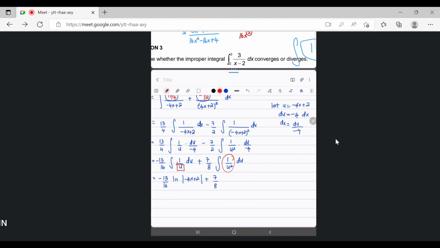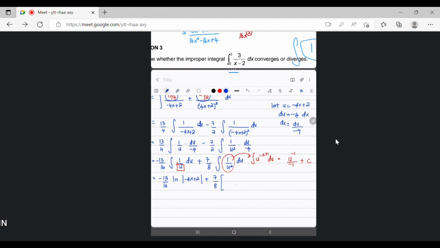Ini, u kena tukarkan dulu. U negative 2 dulu. Dan integrate u power of negative 2 du, kita akan dapat power kena tambah 1 kan. So u negative 1 over negative 1 plus c. Ini jawapan integration, not ln u. Okay. Tu salah. Banyak sangat yang buat salah benda ni.